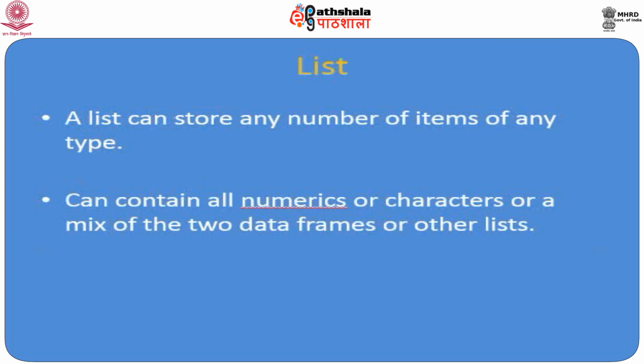Here we are introducing the next data type, which is list. It can store any number of items of any type. It can contain all numerics or characters or a mix of the two, data frames or other lists.